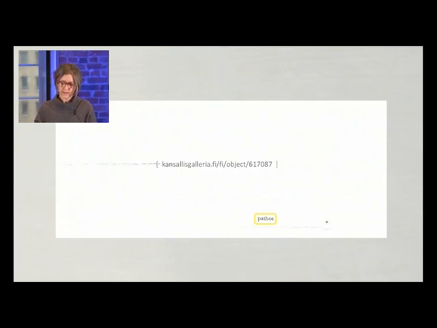The address is kansallisgalleria.fi/object/617087. Okay, I wish you can find the picture. The work is in the collections of the Finnish National Gallery, and so it's available there through their service.